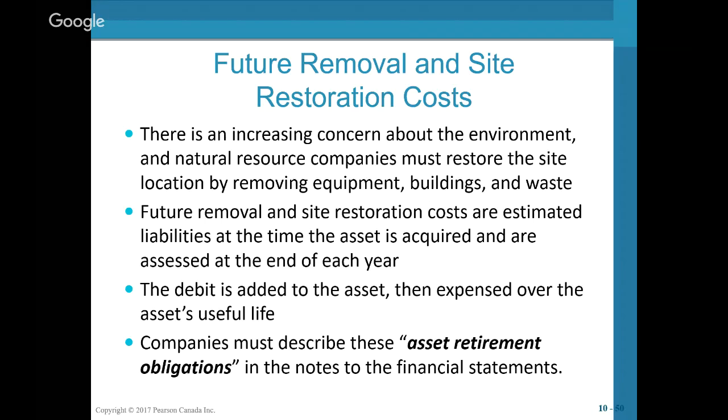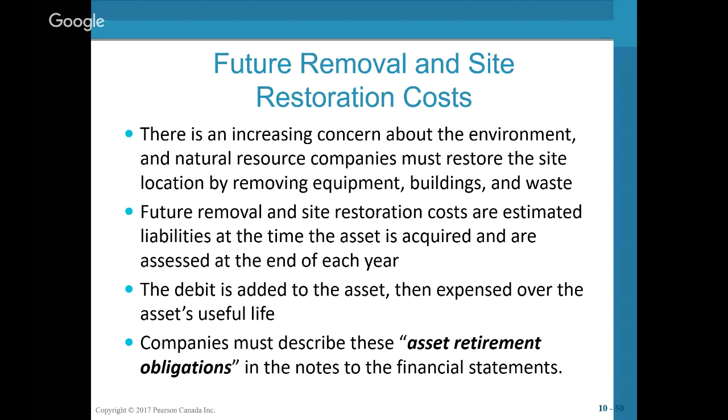This one here, we don't need to actually do journal entries for, not in this course. You'll deal with them in intermediate accounting for those of you doing intermediate accounting. There are costs that we have to be aware of that have to do with future site restoration costs, or putting the land or the place we're working back to its original condition before we started working with it. That's called an asset retirement obligation.